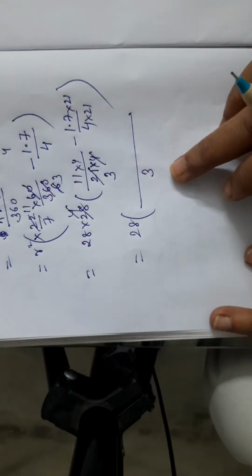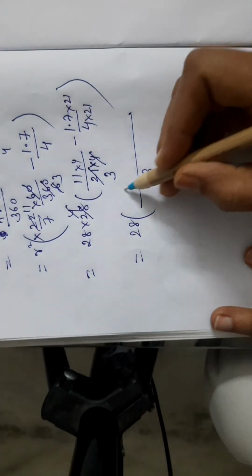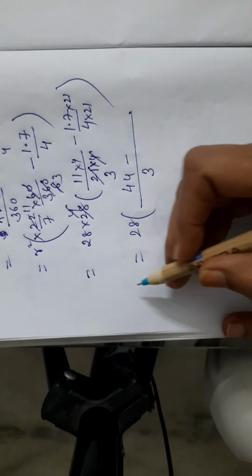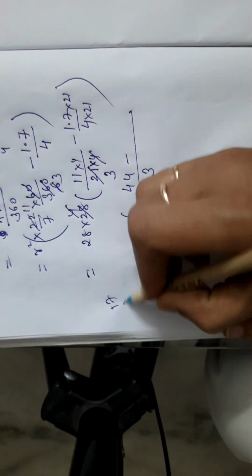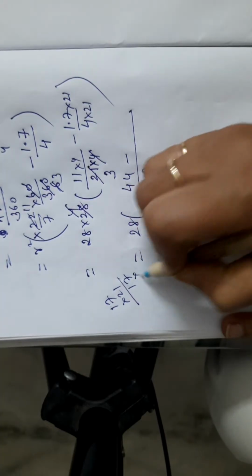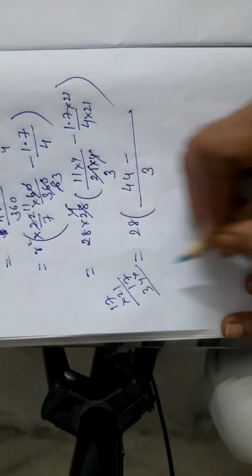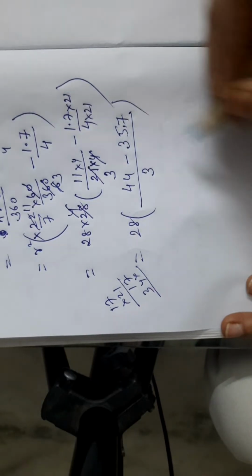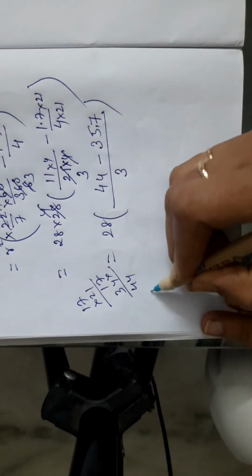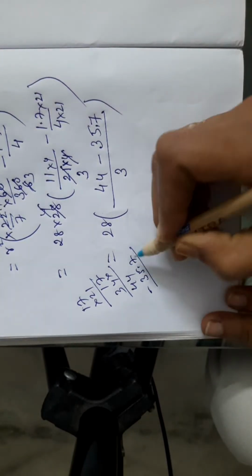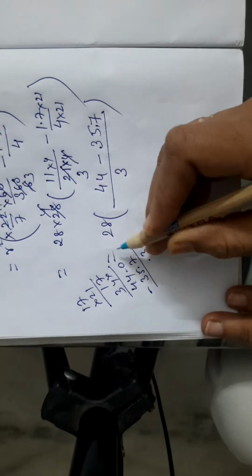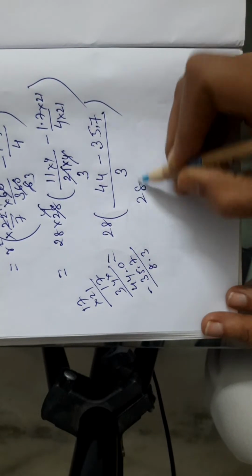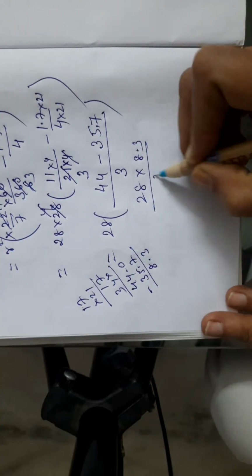So make it common and go for calculation to avoid confusion. 44 minus 21 multiplied by 1.7, so it's 7 5s are 35.7. 44 minus 35.7. 28 multiplied by 8.3 upon 3.